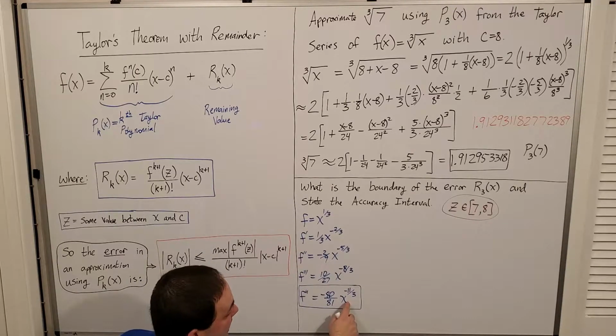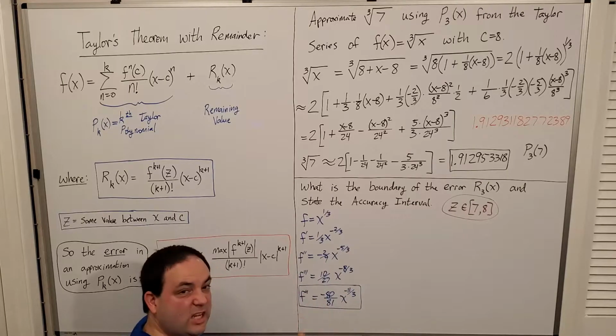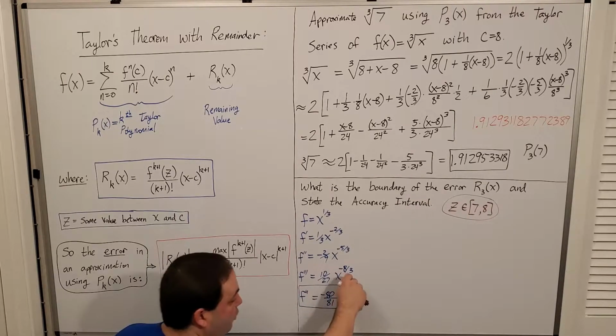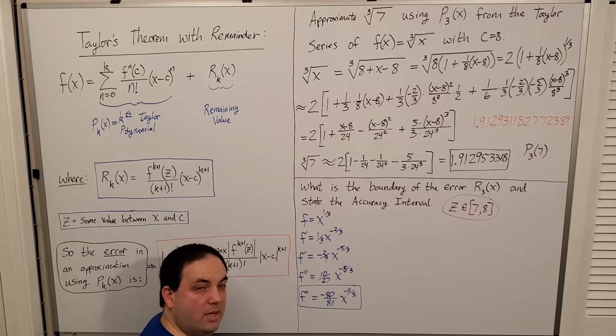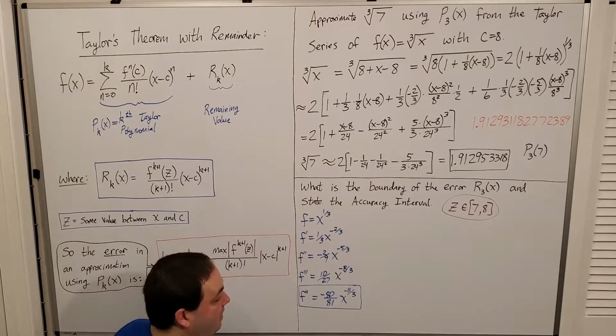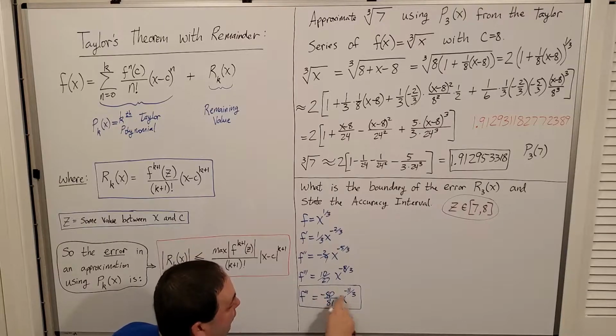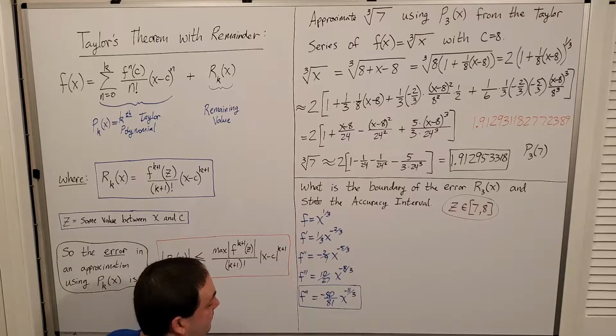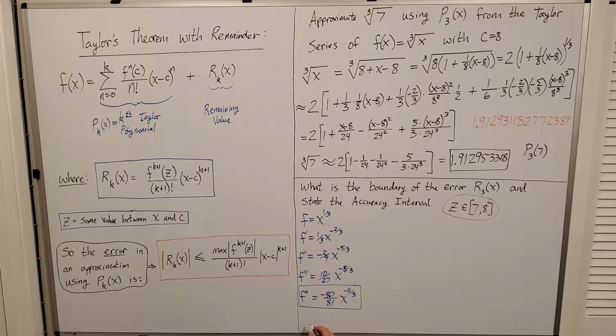By itself, x to the 11/3 is an increasing function. If you put that in the denominator, it is increasing as x increases. Therefore, the whole fraction decreases, okay? So this function right here is decreasing on the interval where x is somewhere between 7 and 8.